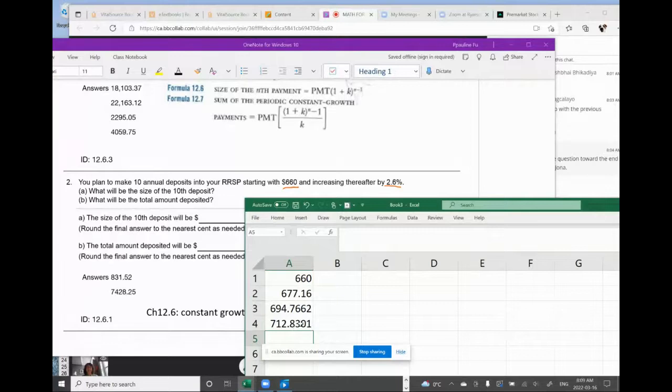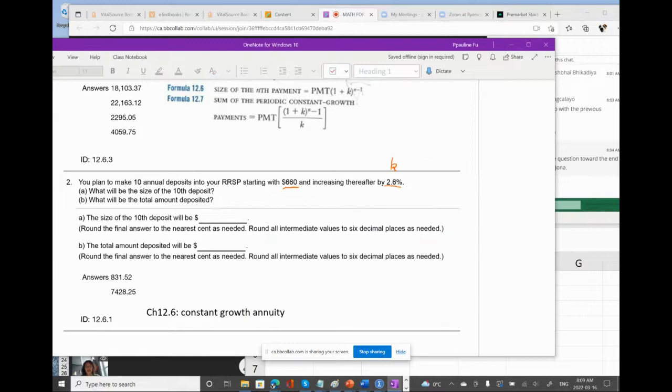Until 10 years. So this is a constant growth annuity. The payment is changed by a constant rate. That rate is 2.6%. We call this rate K, constant growth annuity.